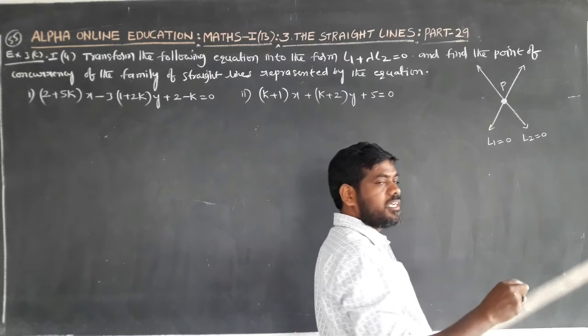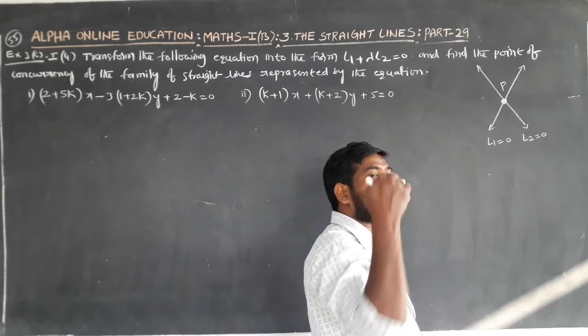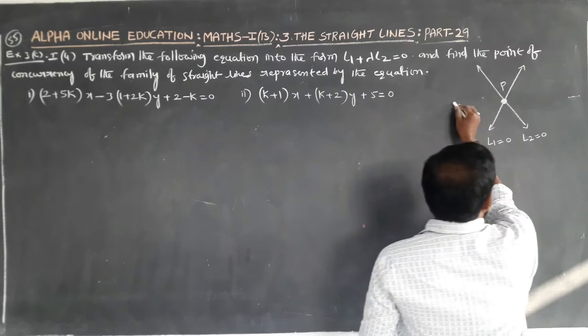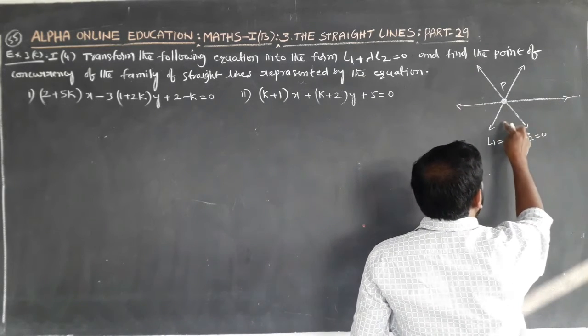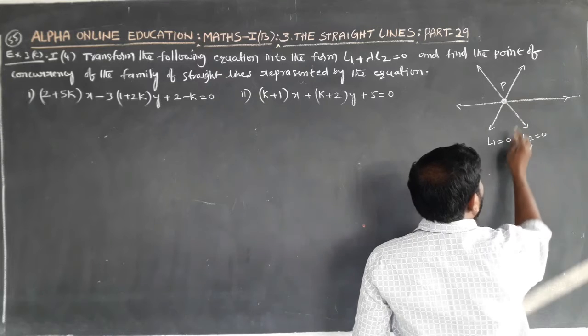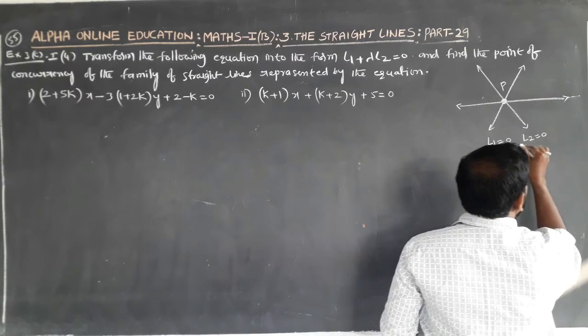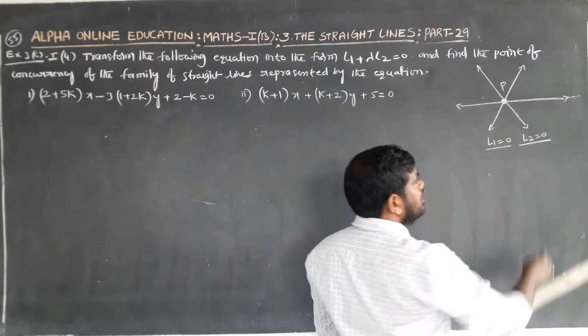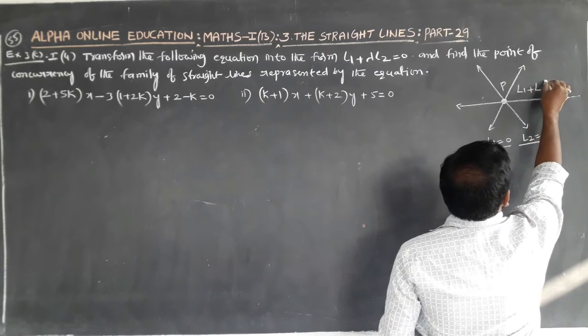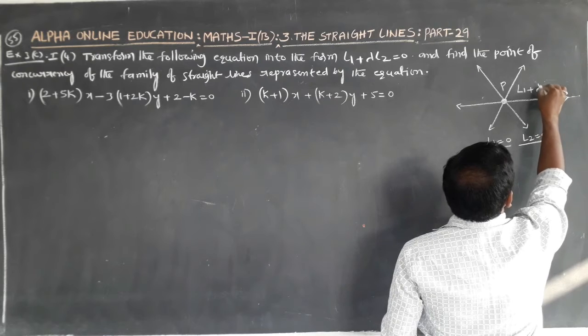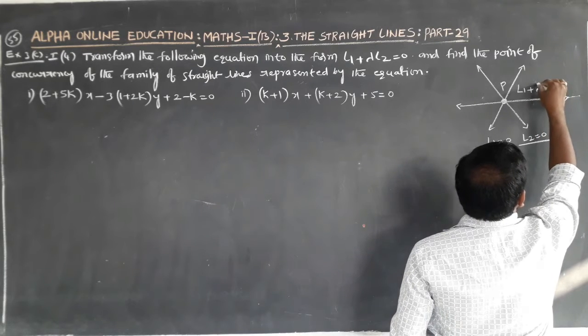Here, the equation of the third line: the equation of the straight line passing through the point of intersection of the lines L1 is equal to 0 and L2 is equal to 0 is L1 plus lambda L2 is equal to 0.